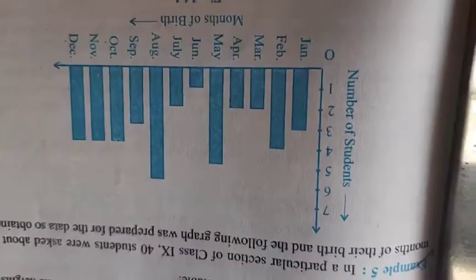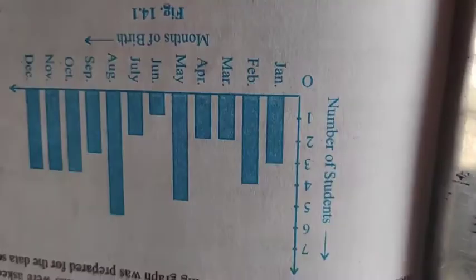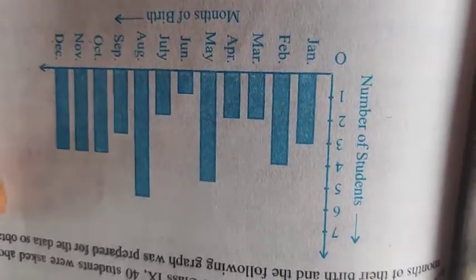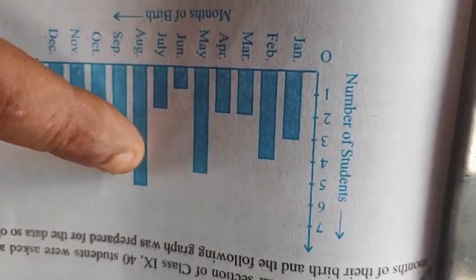Now, from this graph, what you are supposed to read is, let us again go back to the probability. It is said that find the probability that the student was born in August month. So again, if you refer to the question over here, in the month of August, you find that this is the pillar.